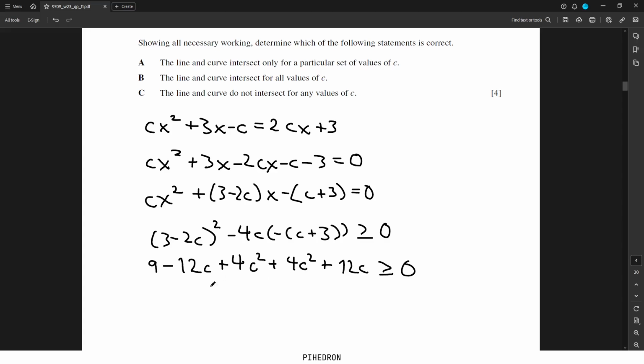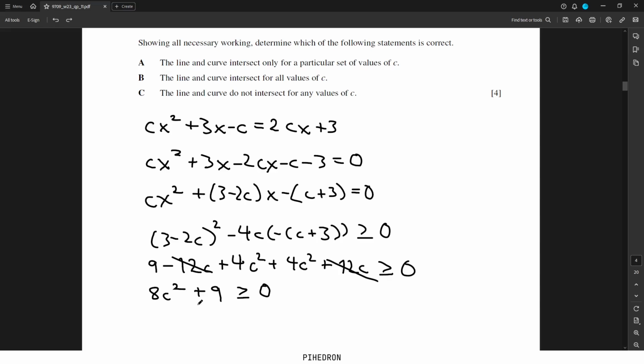And so we can combine like terms and we get 8c squared plus 0c, because these cancel out. We have 8c squared plus 9 is greater than or equal to 0. Now, no matter what value c is, it will always be greater than or equal to 0, because when you square a number, it always becomes positive.